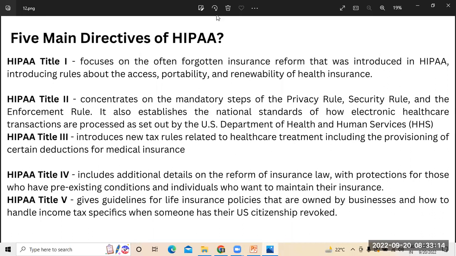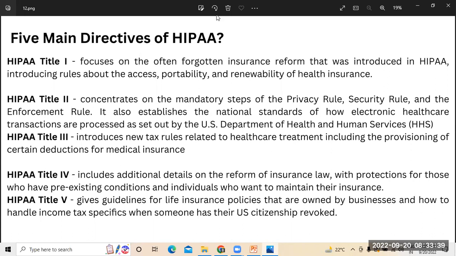At the same time, title 5 majorly focuses on the guidelines of the insurance policies which are owned by the businesses, and how the handling of income tax specifics, which majorly belongs to the territory of the people who belong to the US citizenship, all that, right? So these are the major 5 directives.